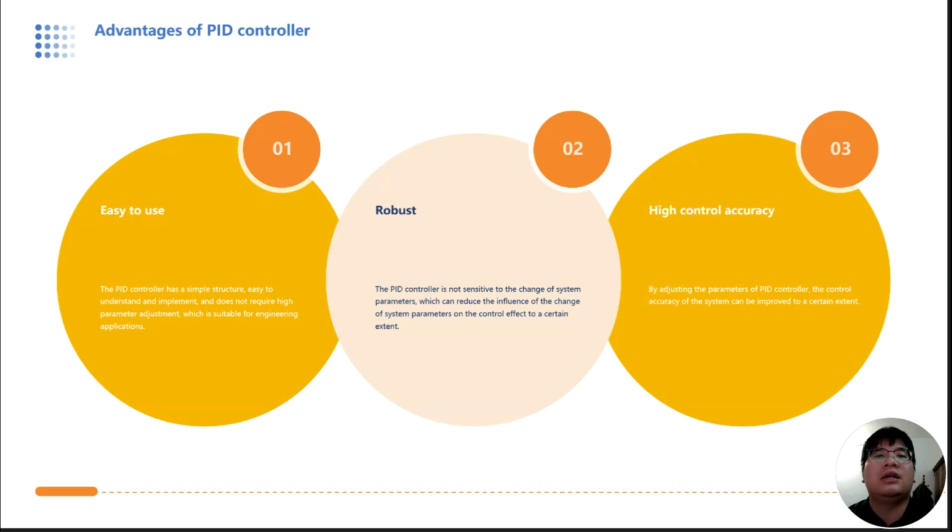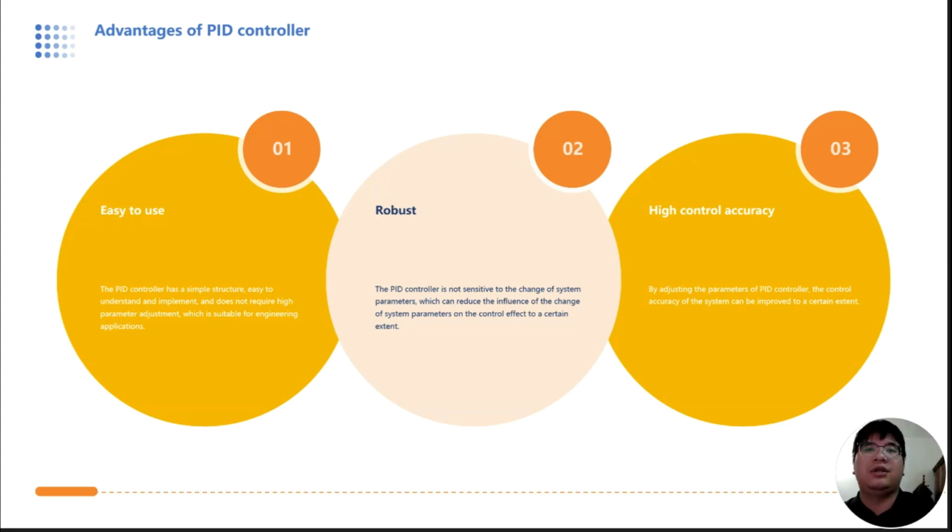Secondly, it has strong robustness. This means that it's insensitive to small changes in the parameters of the controlled object, and the system will not lose control due to even a small aging or environment change.